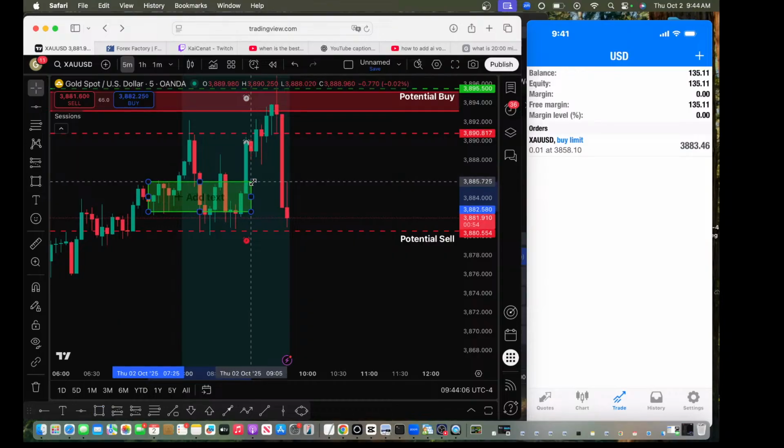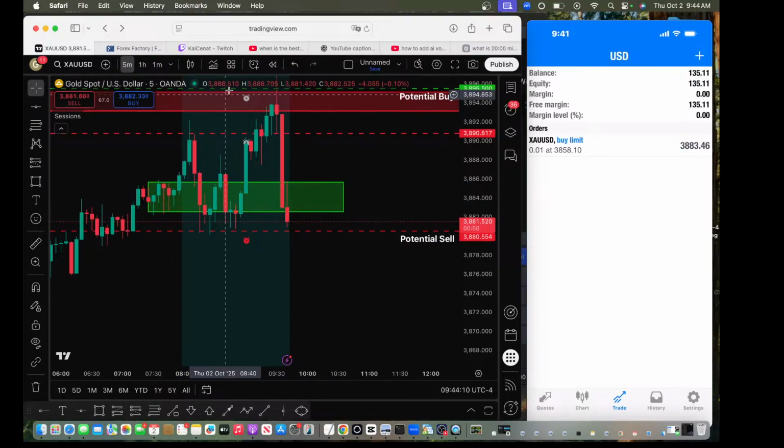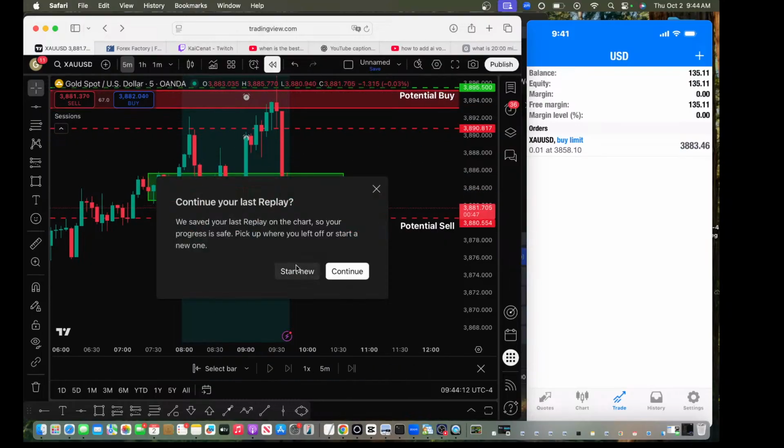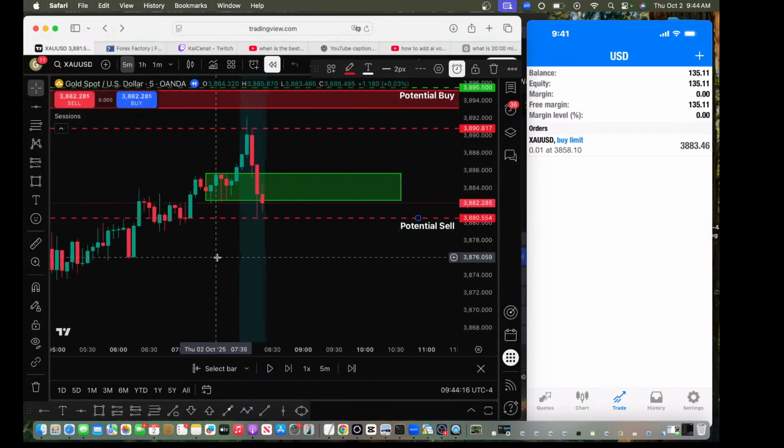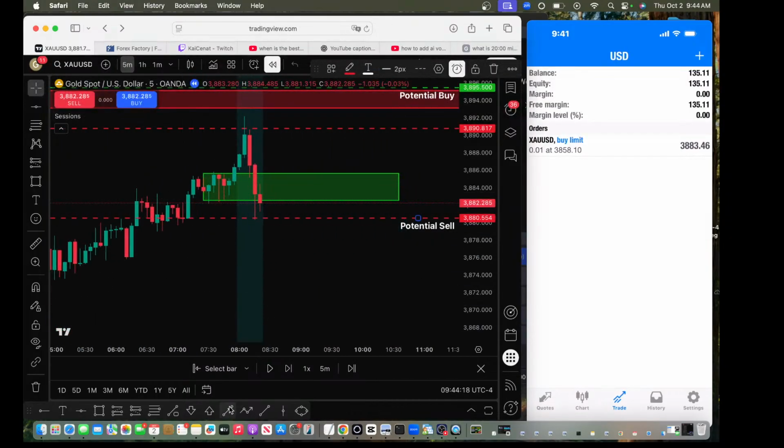This is exactly what's going on. All right. This was the area of structure. This is an indication. This one candlestick said, hey, the sellers are ready to potentially take back control of the market.